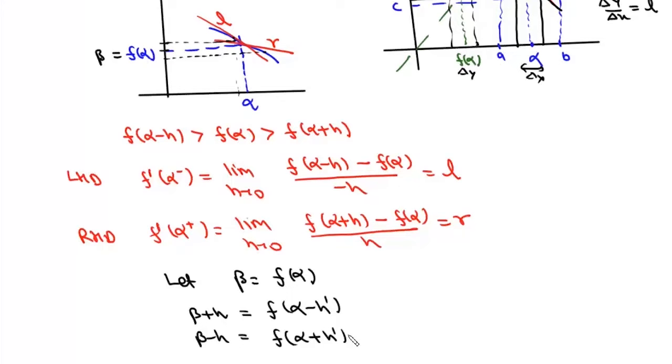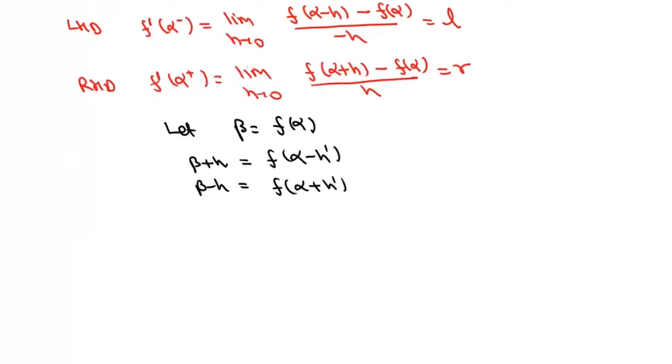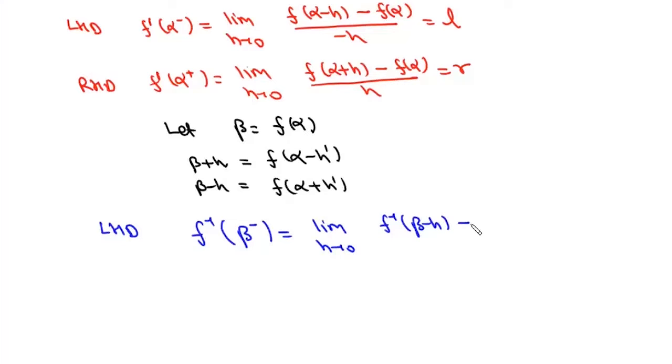Now we'll start writing derivatives of its inverse function. So left hand derivative of f inverse at beta, which is f alpha, will be this, beta negative, and we'll write this as limit h tends to 0, f inverse beta minus h minus f inverse beta upon minus h.